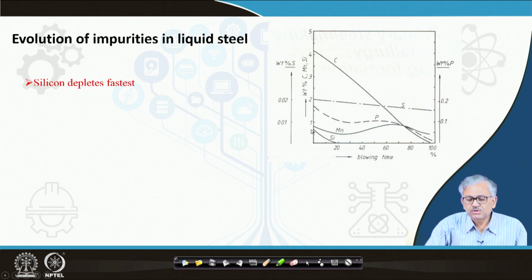And the manganese decreases initially, and at the latter stage of blowing there is a reversion of manganese, as we have discussed already in detail. Among the impurities, manganese is unique in the sense that it produces an oxide that is basic in nature. Manganese oxide is a basic oxide.